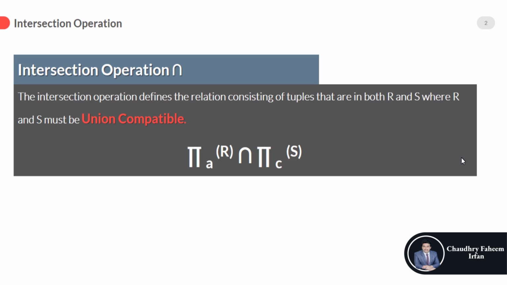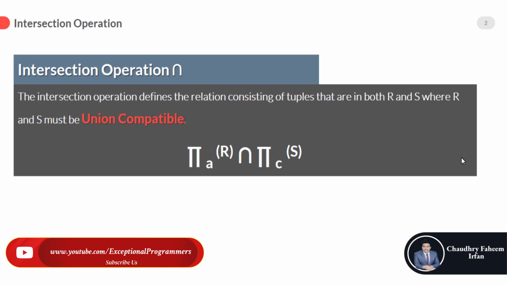The result of the intersection operation is the tuples which are present in both the R relation and the S relation. We use the intersection operation when we have a problem like: find all the tuples that are in the R relation and the S relation.